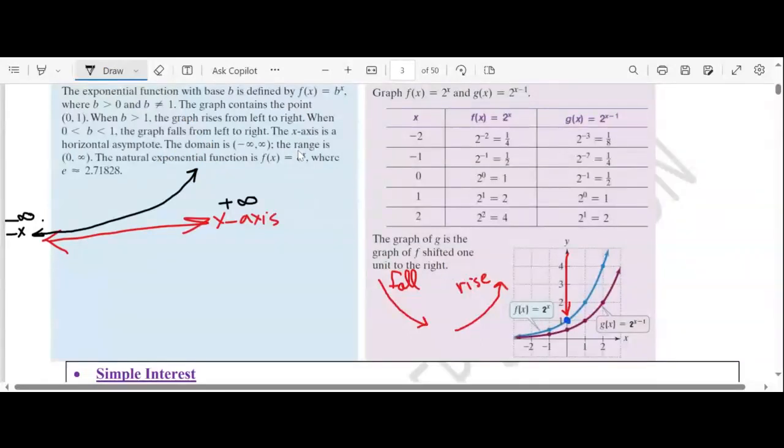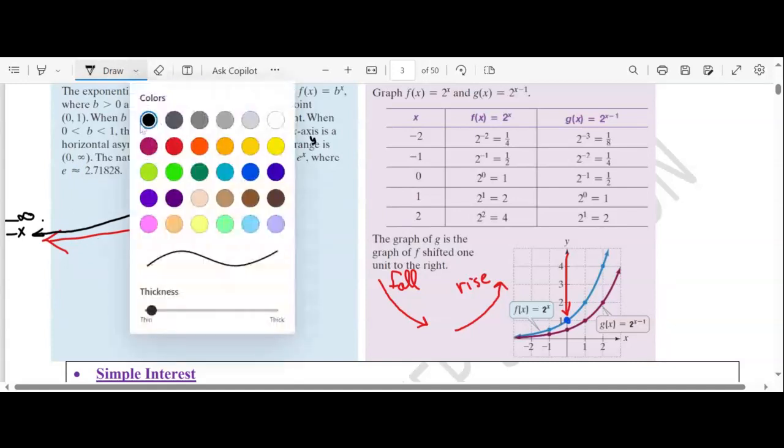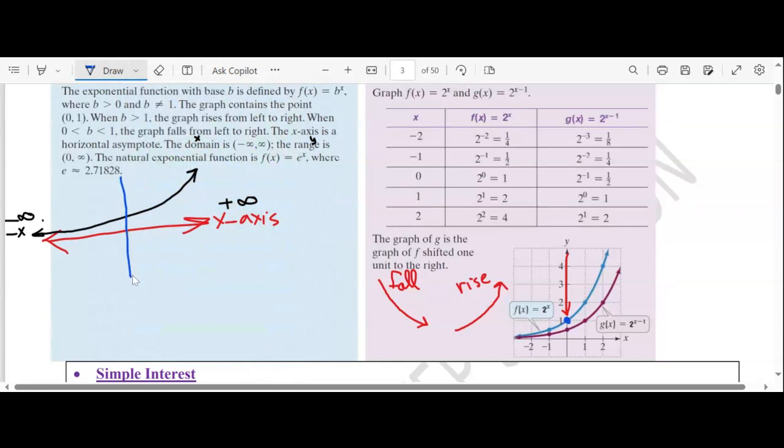The range is the y-axis, and the domain is the x-axis. The range is from 0 to infinity, because if you take a look at the y-axis, this is your y.